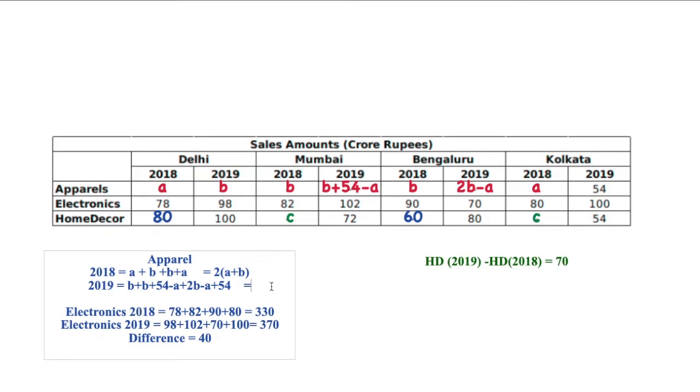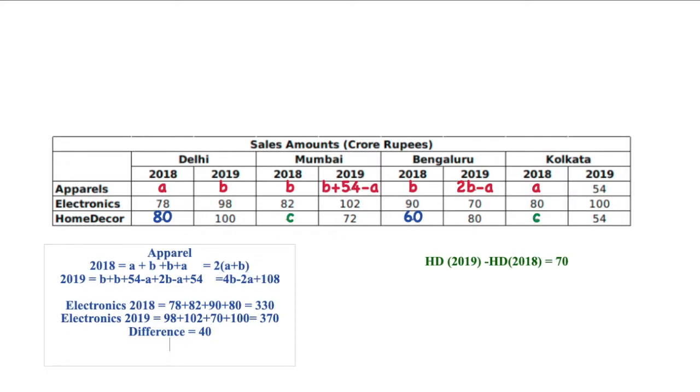This will be something here, 4B minus 2A plus 108. Okay.